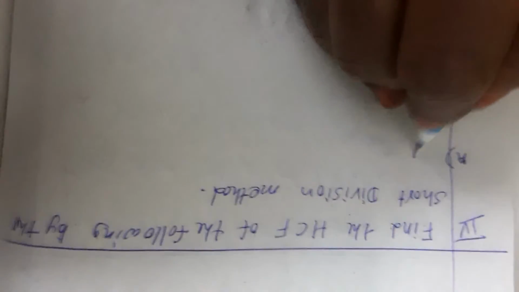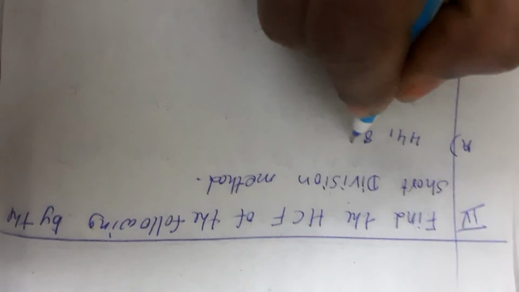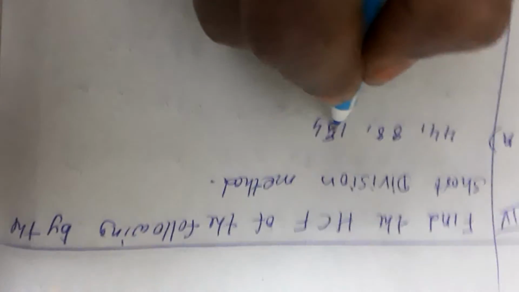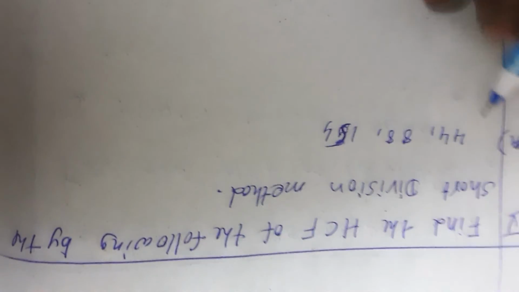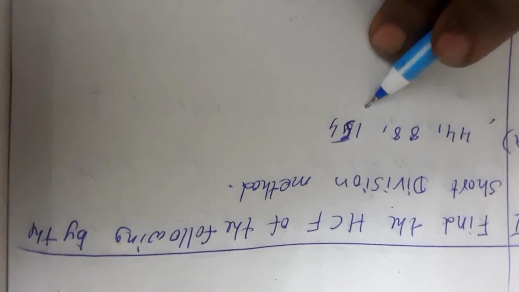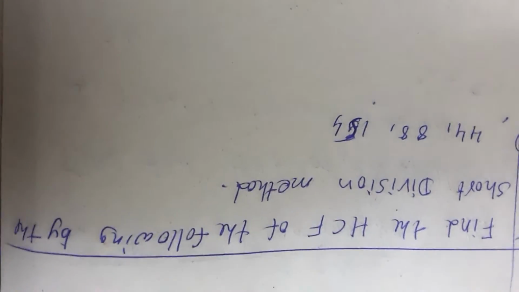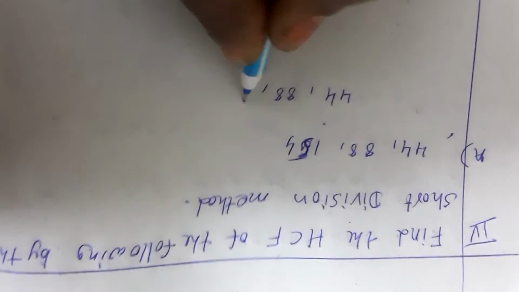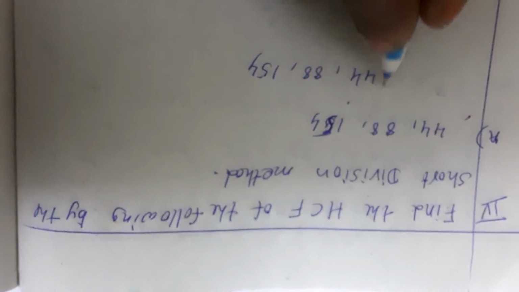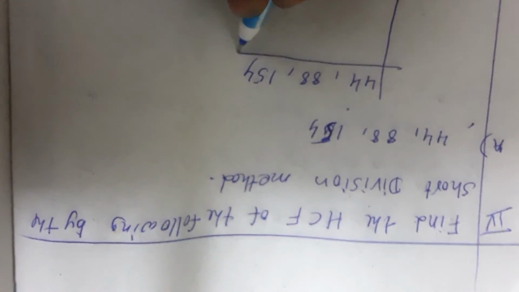So here three numbers are given: 44, 88 and 154. You have to find the HCF by the short division method. So in the short division method we take three numbers 44, 88 and 154 at a time.